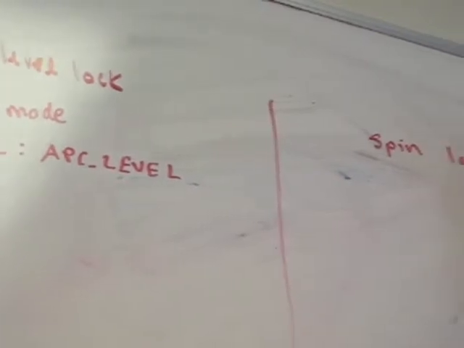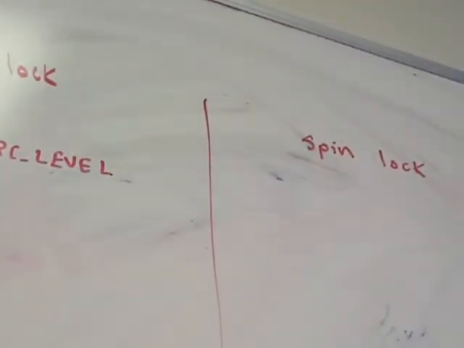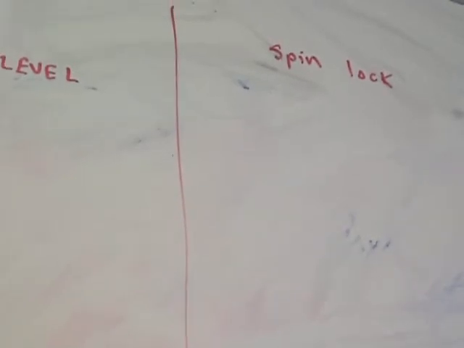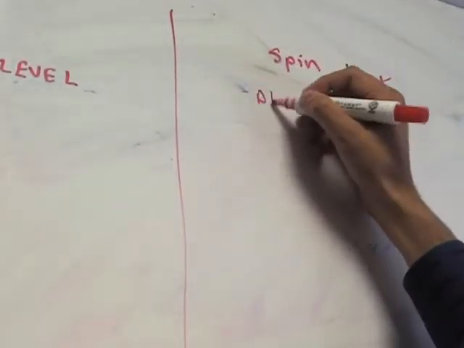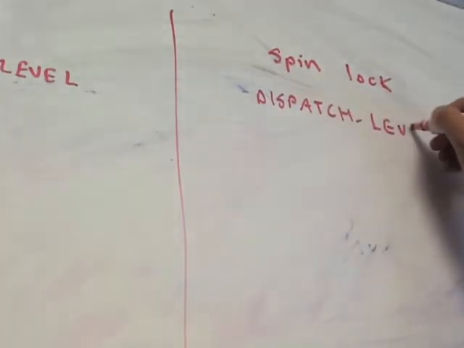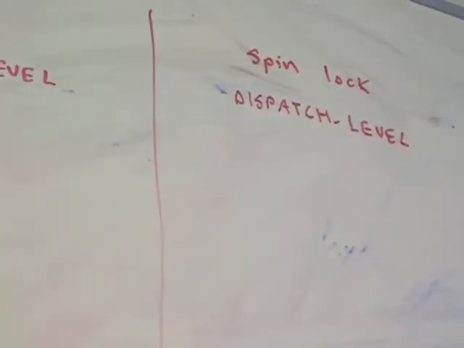But basically, the idea here is that you can block, whereas with a spin lock, the idea is typically the hold time's pretty short, so you'll just spin waiting for the lock. And in the kernel, this raises to dispatch level or above, which basically blocks the thread scheduler.